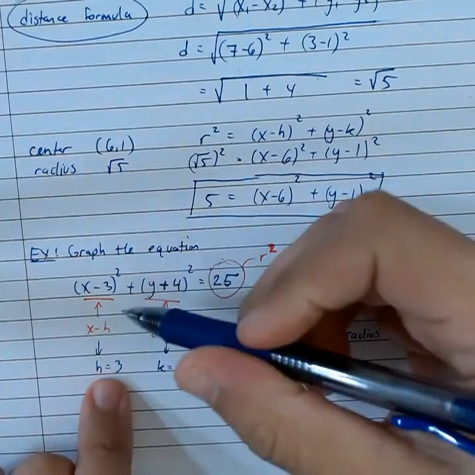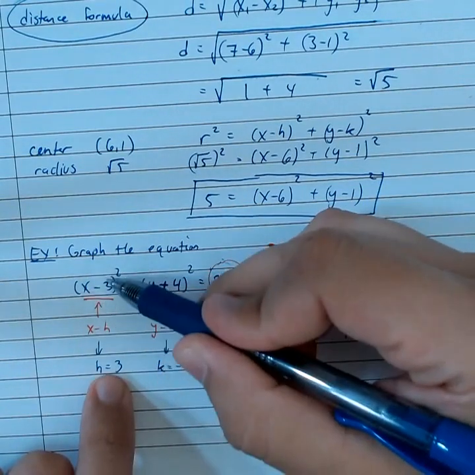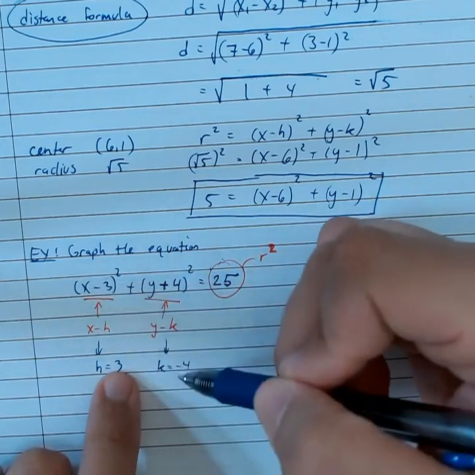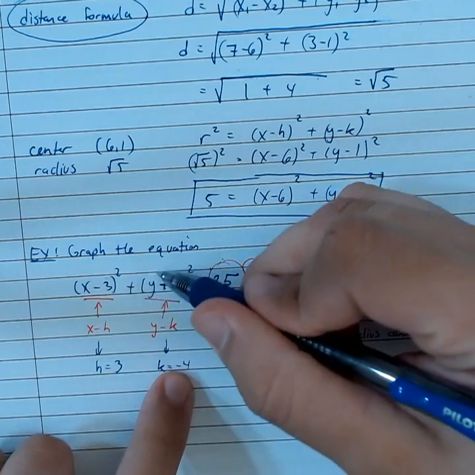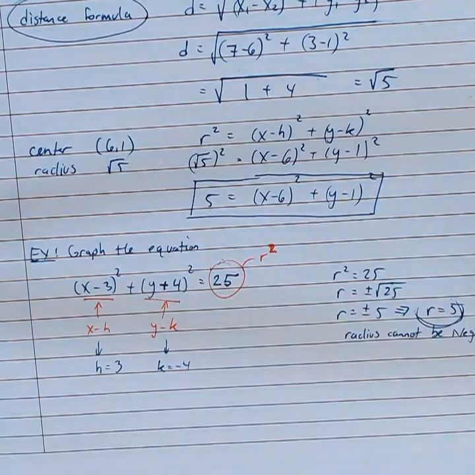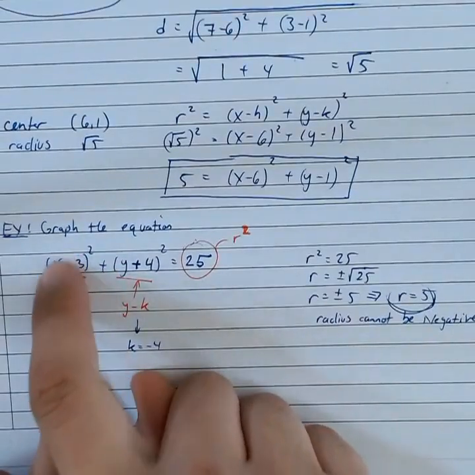One way to think about this is h is whatever number you can plug in here to make this 0. 3 minus 3 would be 0. So h must be the number 3. K is whatever number you could plug in here to make this 0. Negative 4 plus 4 is 0. So then k must be negative 4. You can think about it either way. What number do I plug in to make this 0?